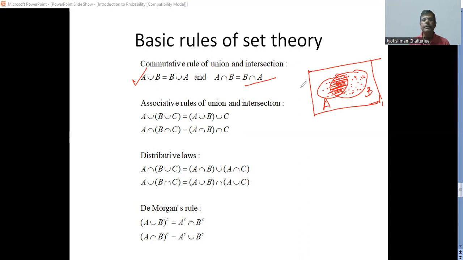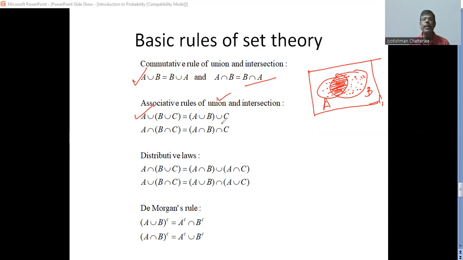Now let's come to the associative rules of union and intersection. First, the associative rule of union.